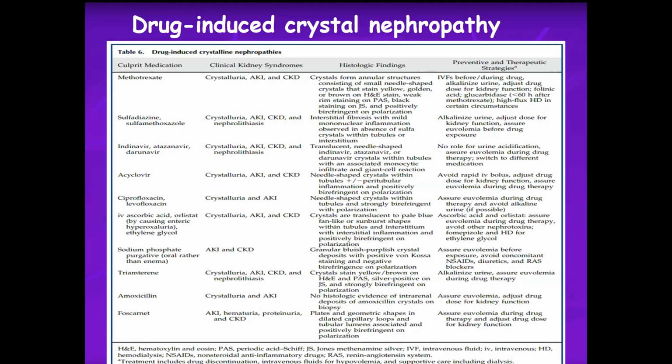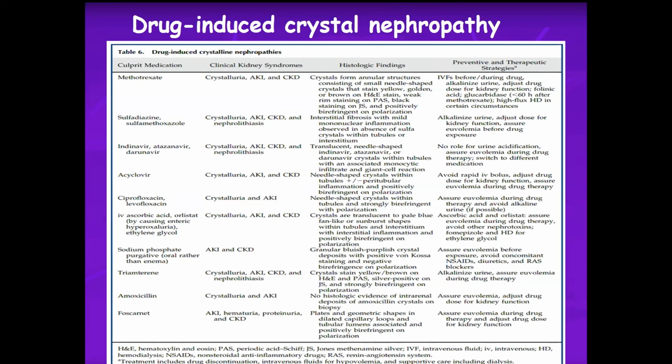There are a number of drugs that can cause crystal nephropathy, including drugs like methotrexate. We mentioned your antiretroviral therapies, other antiviral agents, and your commonly used antibiotics like ciprofloxacin, which can cause crystaluria and AKI.